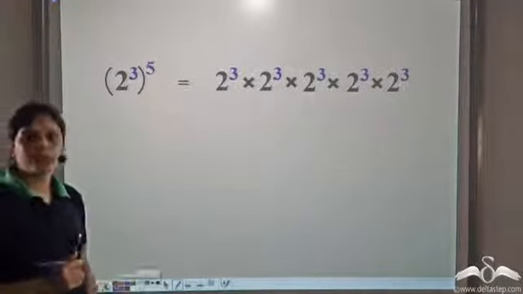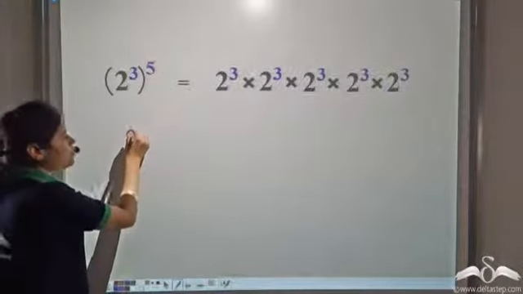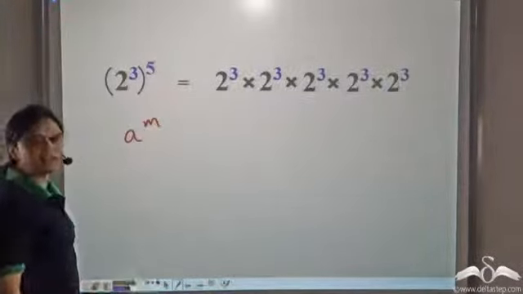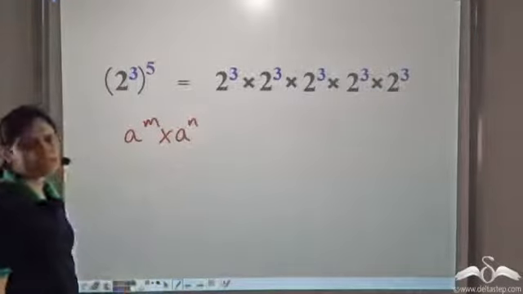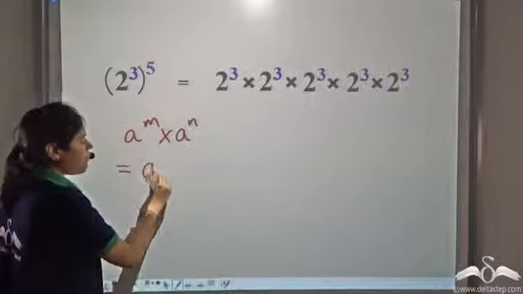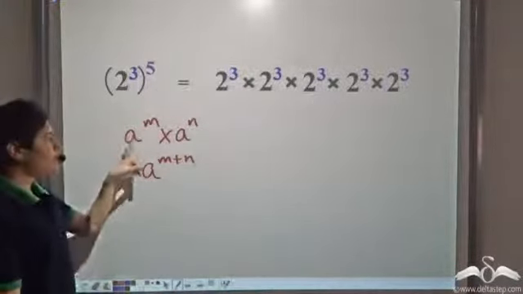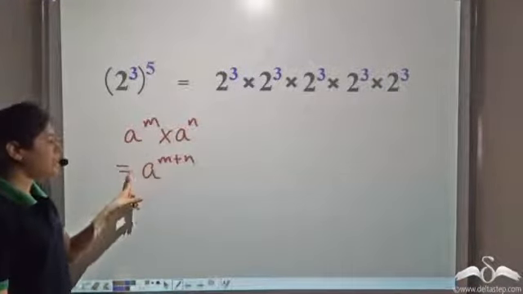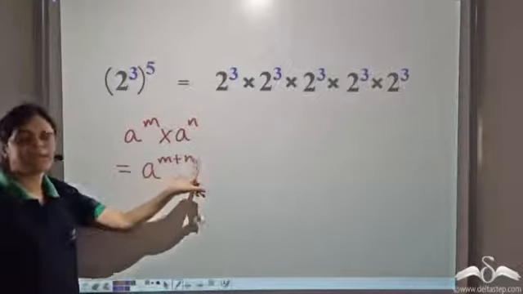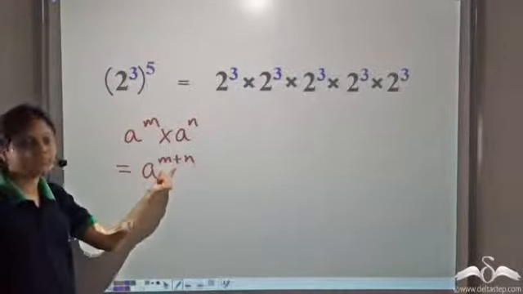Recall the law of exponents for multiplication. If we have two exponential numbers which are multiplied and they have the same base, then their powers get added. So if we have a to the power m into a to the power n, we can write it as a to the power m plus n, because base were the same, we added the powers.